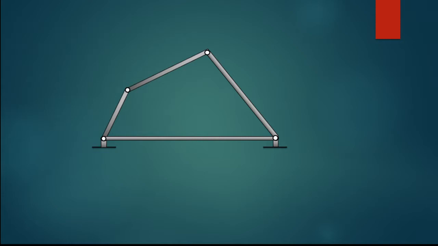So this illustration is an example of a 4-bar mechanism. So we have link 1. This link 1 is called the fixed link or the frame. And the link L2 we call the input link.